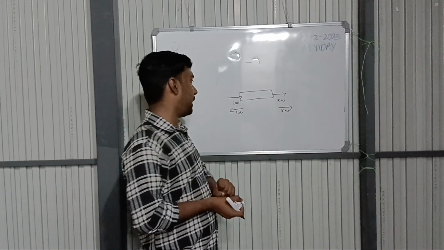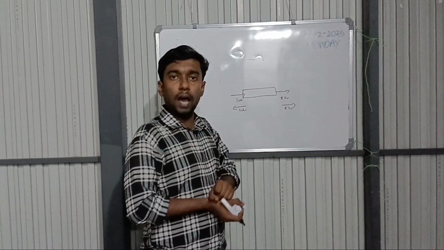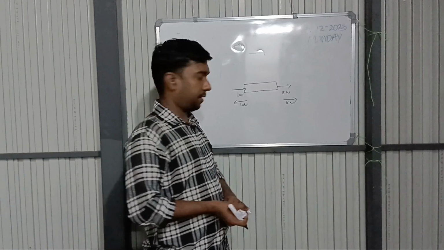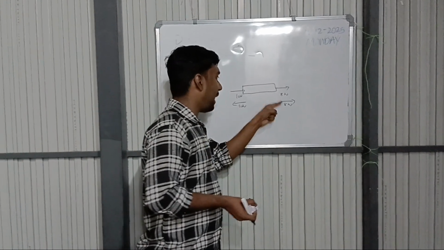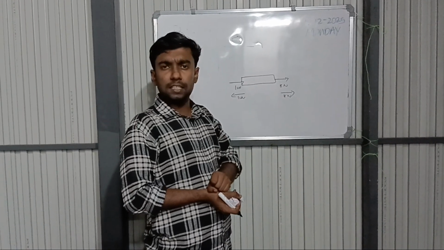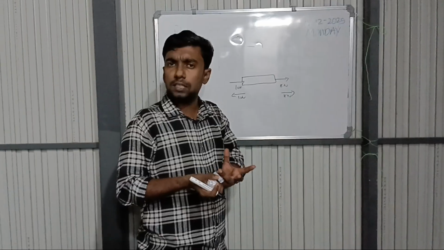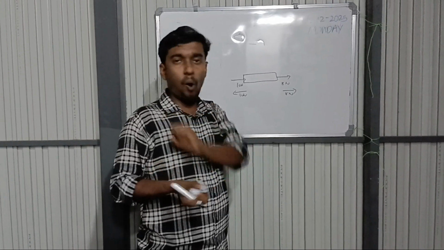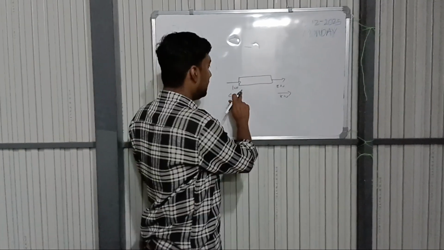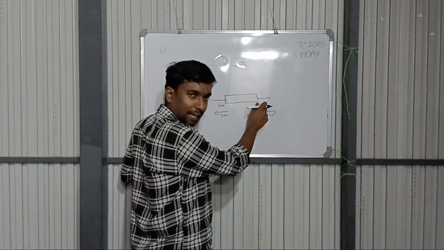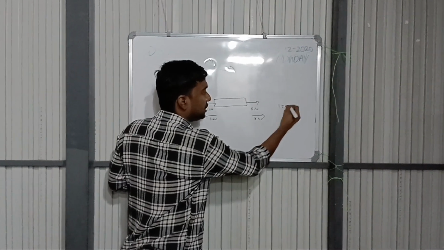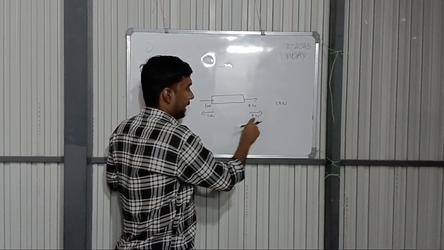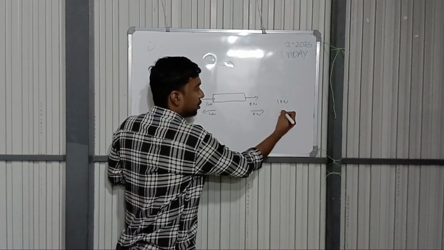But in one condition, the 10 Newton and 8 Newton are in the same direction, and in the other they are in opposite direction. Is the total force the same? No, it is different. Here 10 and 8 in the same direction, so we obtain 18 Newton. 10 and 8 in opposite directions, we get 2 Newton.